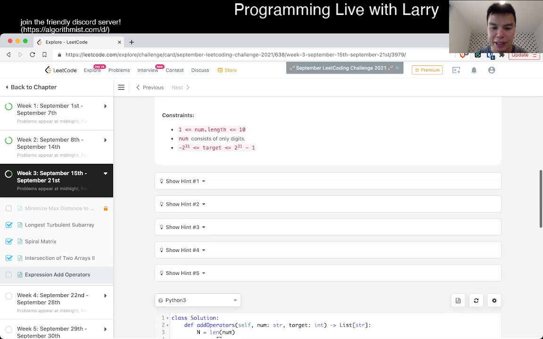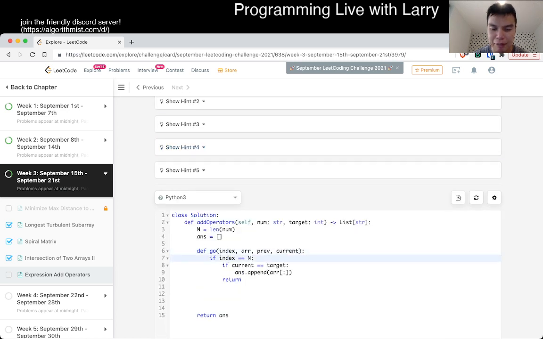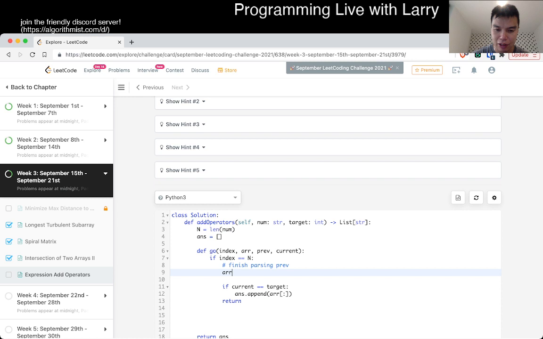Actually, if we keep track of this in the array, I don't think we need it. But that makes this part a little bit more confusing. So yeah, we have to kind of finish passing prev. So here we go. We append previous, but then now current we do.